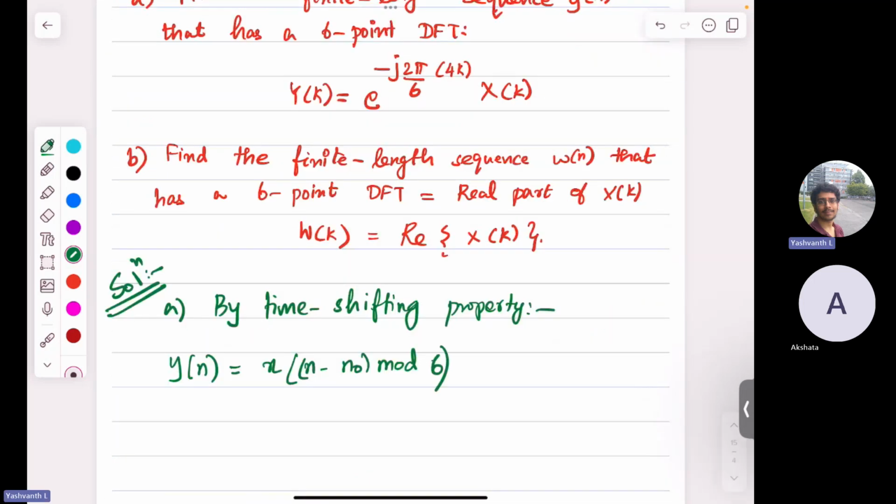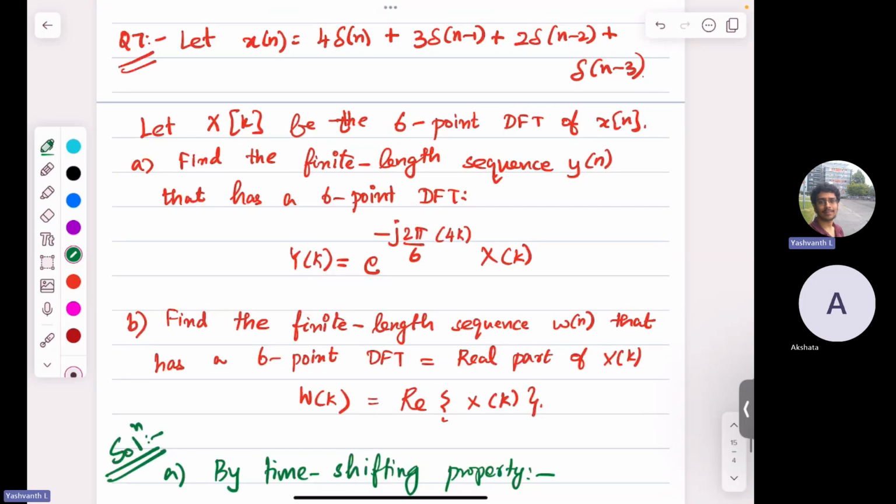N naught is 4. Therefore, this is x of n minus 4 mod 6.